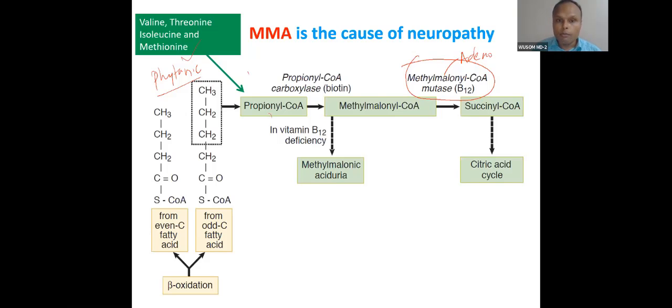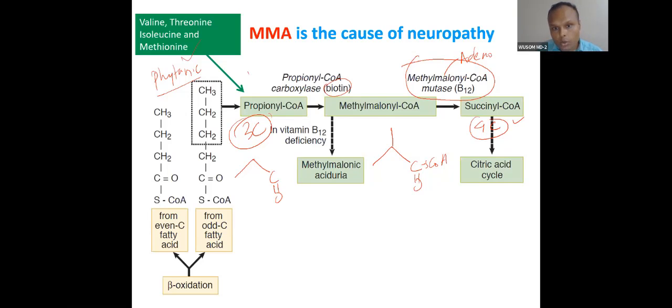Propionic acid will be converted into what? Succinyl coenzyme A in a two-step process. This is 3 carbon straight chain and this is 4 carbon straight chain. The first step requires biotin. Biotin converts this molecule, propionyl coenzyme A, into this type of molecule, adding a carboxyl group here, because biotin always adds a carboxyl group.